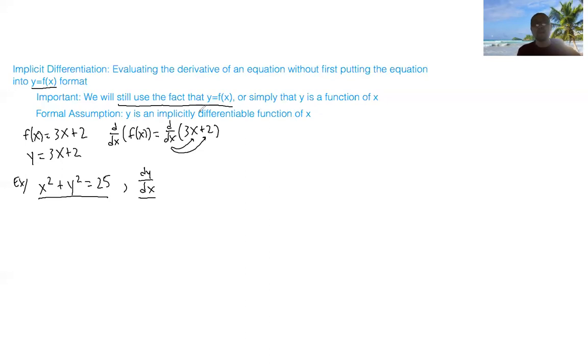That just means that even though we didn't solve, or put our math equation in terms of y is equal to stuff on the right-hand side, we're still going to recognize that y is a function of x. And because of this, whenever you go to take the derivative of y, we are going to have to consider the chain rule, all right?